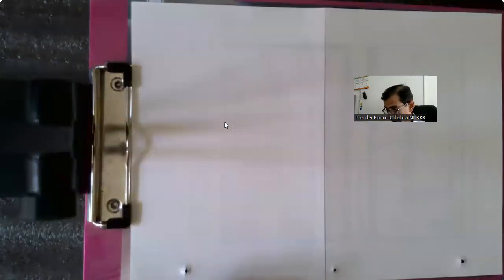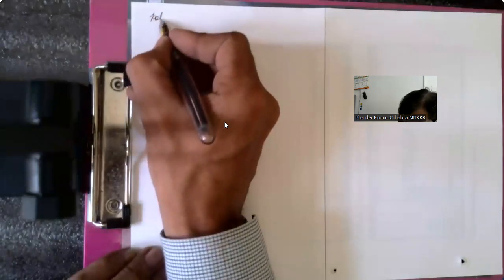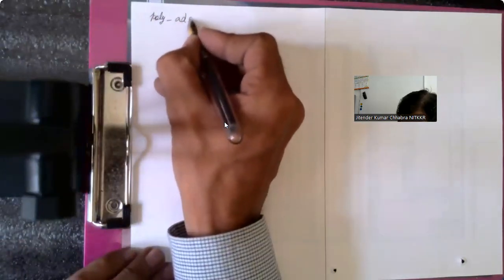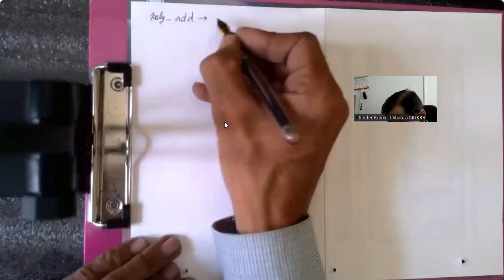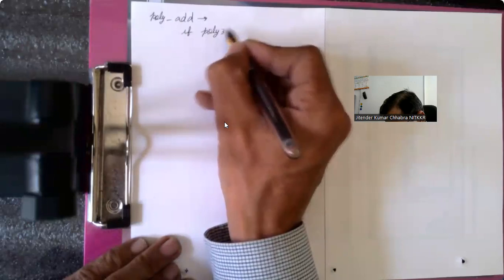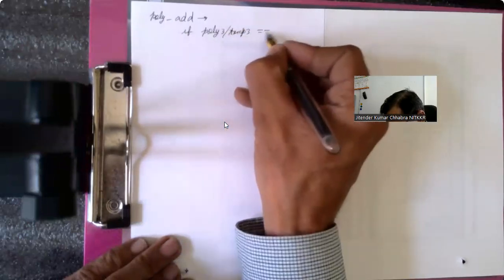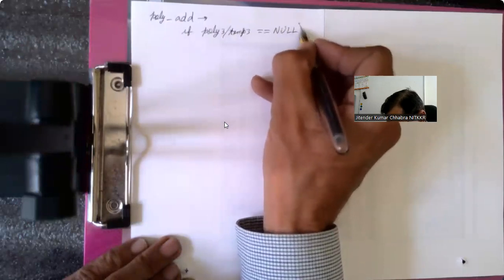Not only that, just recall your polyadd. Earlier, everywhere you had to write if poly 3 equal or temp 3 equal to null. Now this never happens.